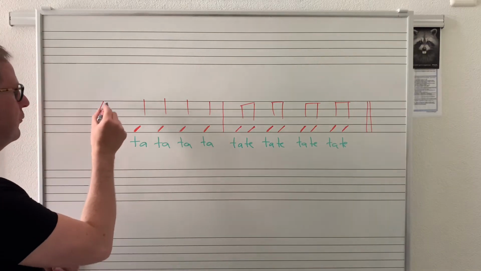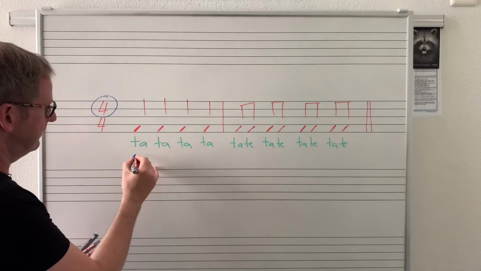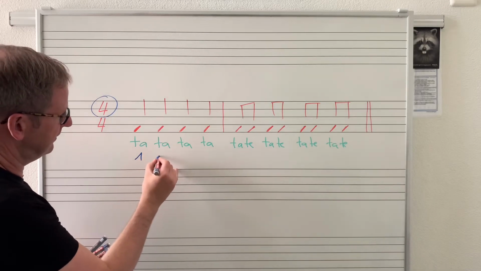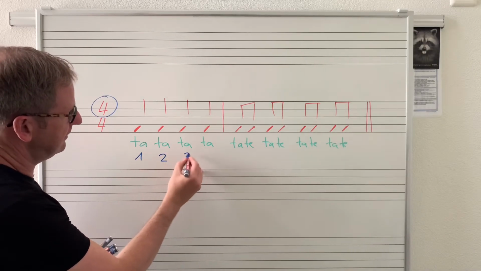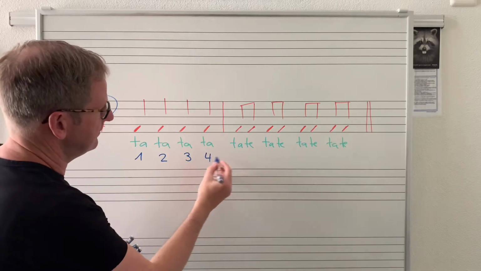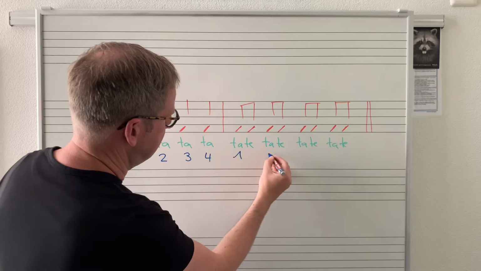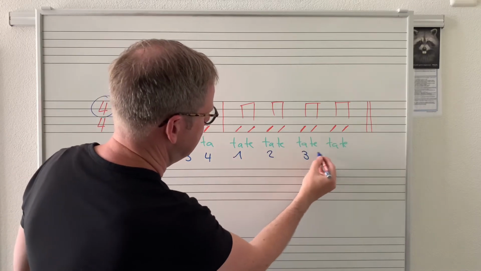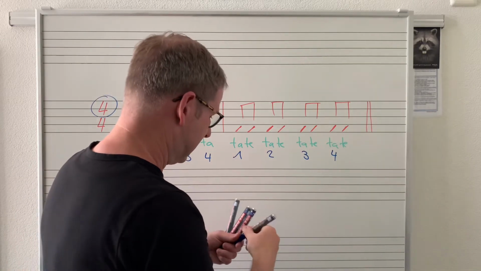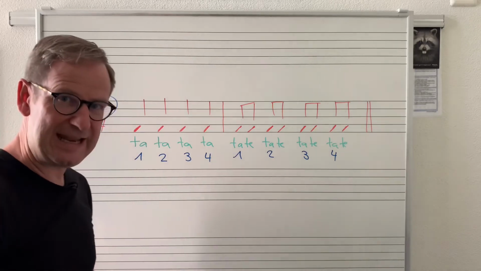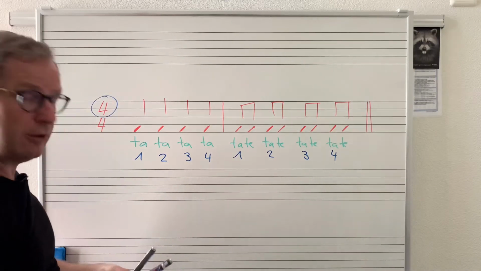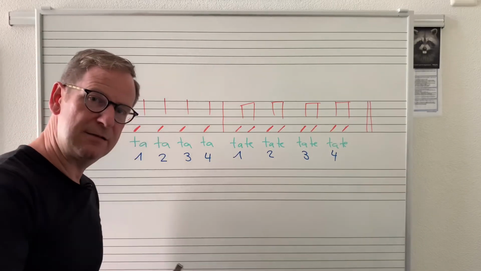We count to 4 here. 1, 2, 3 here, 4, and then we can look for our tas here, here, here, and here. And the te is always "and".